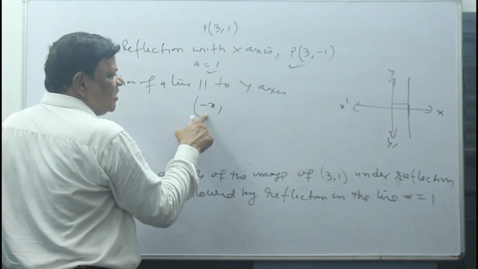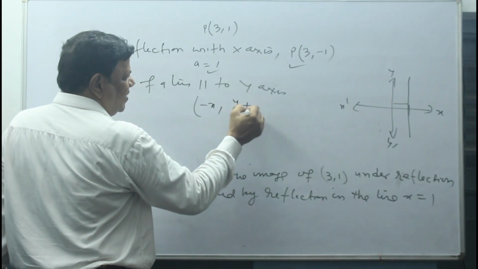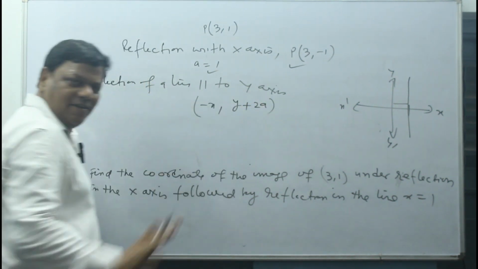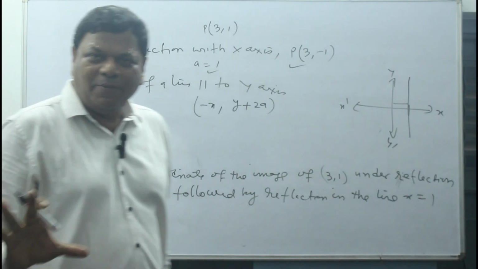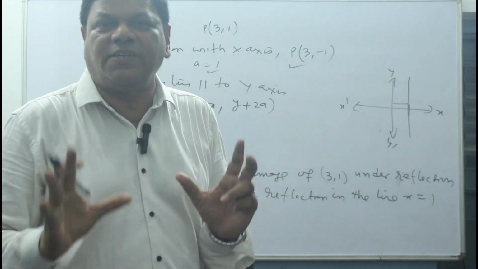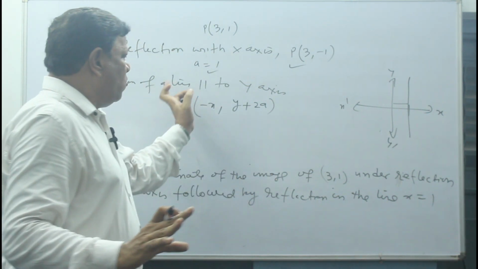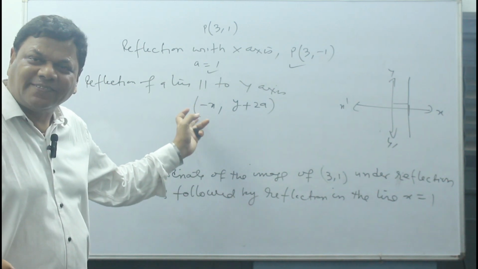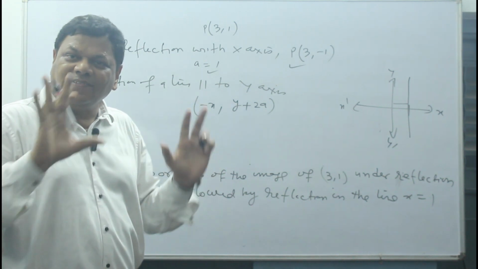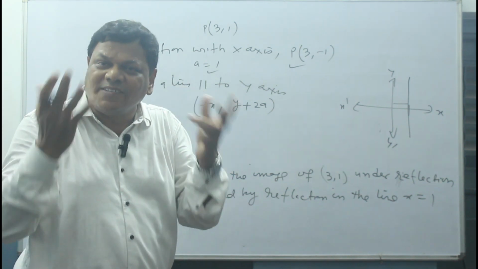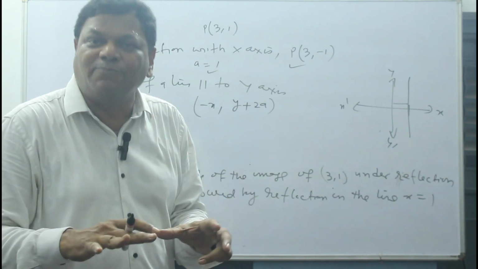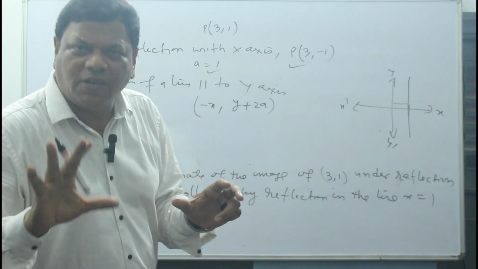Sign of x will change, y plus 2a. This is the formula. No need to write the formula, but first time I am writing so that you understand very well. Now, y-axis means sign of x changes. It is given in the formula. If you don't understand, please revise the formula in the previous video and then come here. Okay, children?